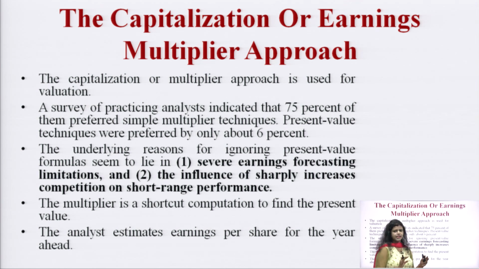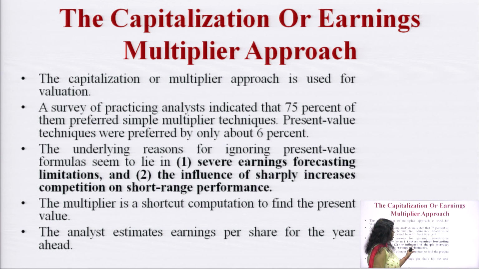As we have already discussed, the 2-stage model and 3-stage model are very complicated in nature in order to calculate the intrinsic value, but the multiplier approach is one way in which the calculation is done on the basis of a simple calculation of EPS, and here the EPS is calculated by the investors without much complication as in the case of other models of equity valuation, and therefore this multiplier approach is used very popularly by the investors and the analysts in the stock market for taking equity investment decisions.